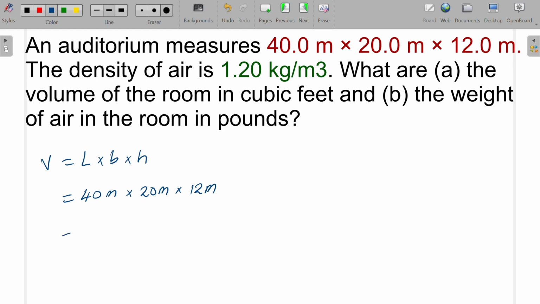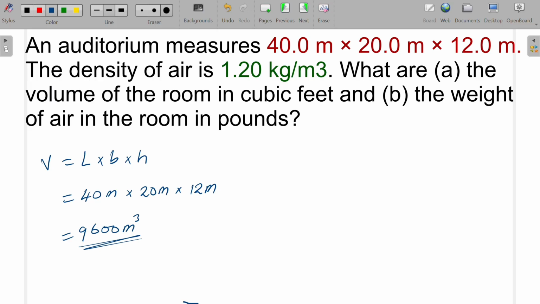When we do the mathematics, we get 9,600, and this will hold units of cubic meters, since we have meter multiplying by another meter, multiplying by the other meter. So our volume is 9,600 cubic meters.